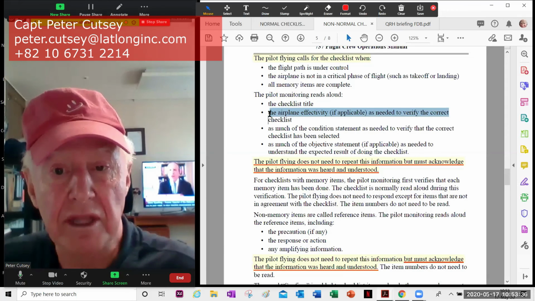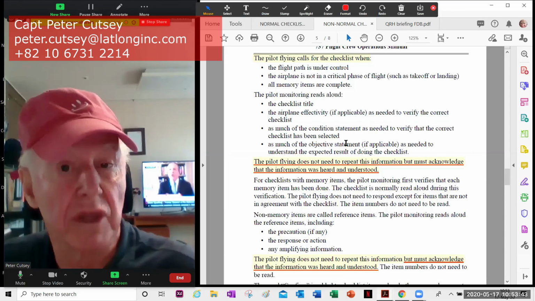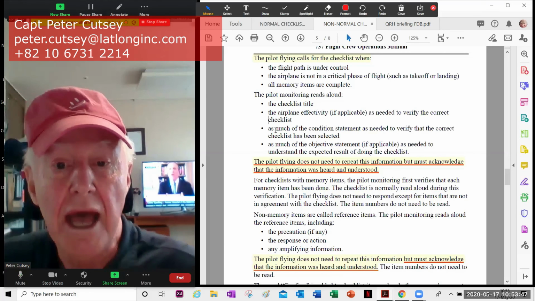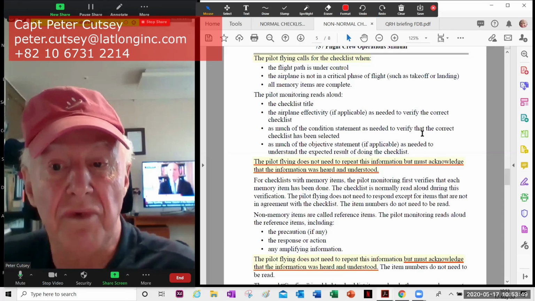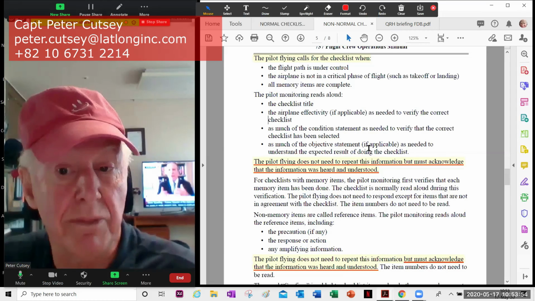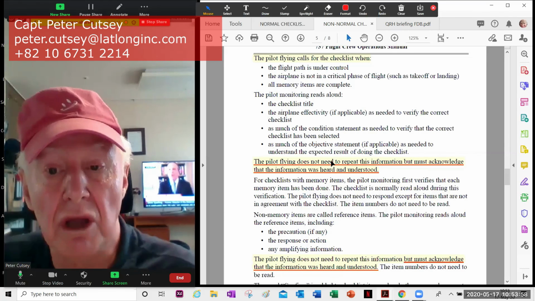So the airplane effectivity as needed, well, like I say, if you're using an OPT, you've identified it when you power it up at the beginning of the flight. As much of the condition statement as needed to verify that the correct checklist has been selected, and as much of the objective statement, if applicable, as needed to understand the expected result of doing the checklist.